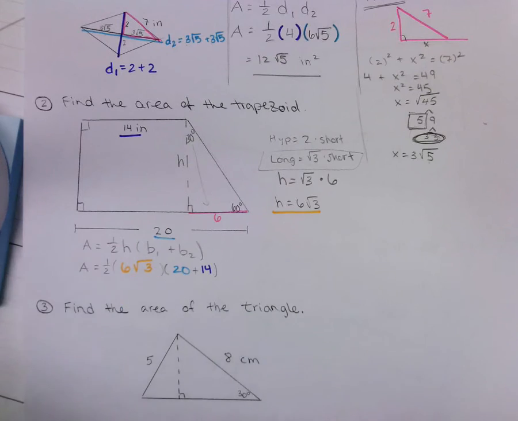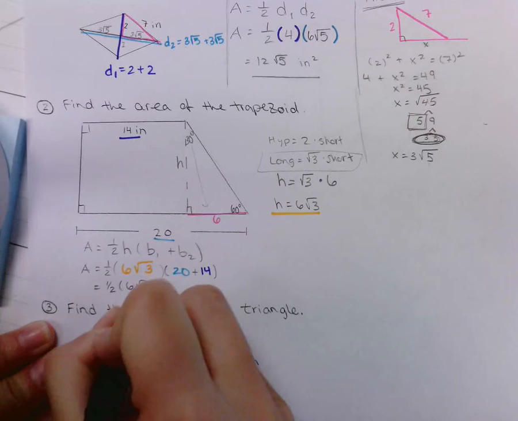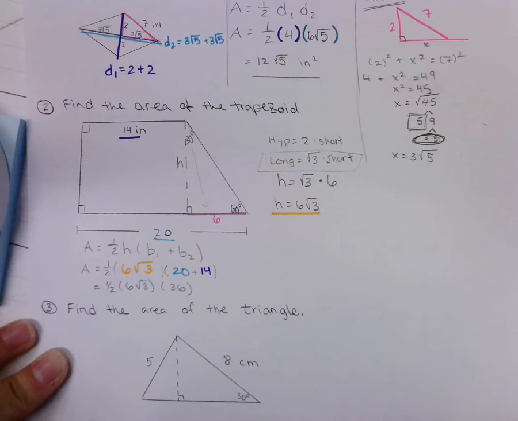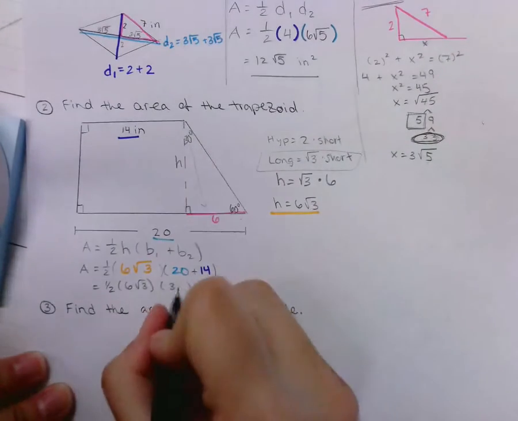And so then we just multiply all this together. We get half of 6√3, and then if we add these, we get 36. Oh wait, not 36. 34. I don't know why I said 36. 20 plus 14 is 34.